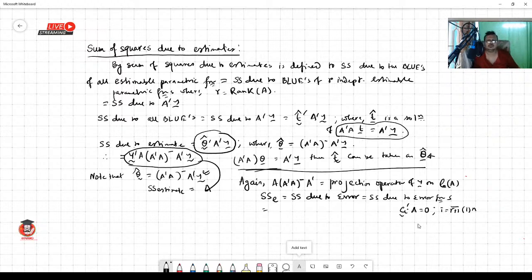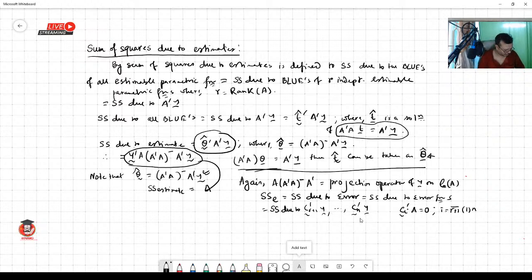That means C(r+1), C(r+2), up to Cn all belong to, or rather we can say generate, the error space because these vectors are orthogonal to the columns of A. So SS due to error, equal to SS due to error functions, is equal to SS due to C(r+1) prime y, up to Cn prime y. Sorry, not C1, it is C(r+1).